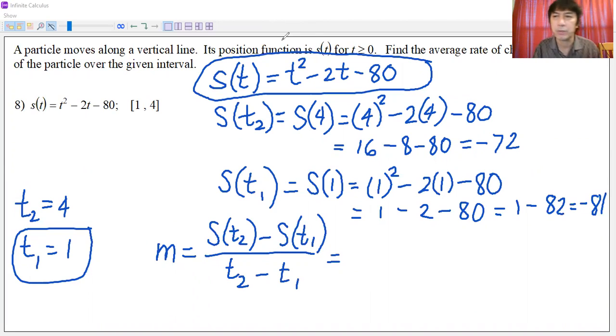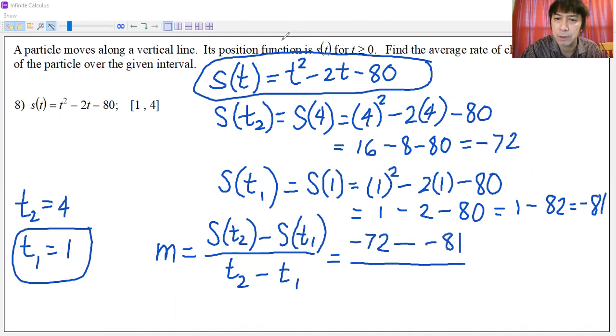Let's write the numbers equivalent to this. S of T2 is negative 72. Minus is part of the formula. After that minus, get the second number, S of T1. That happens to be negative 81. So you write negative 81 there.